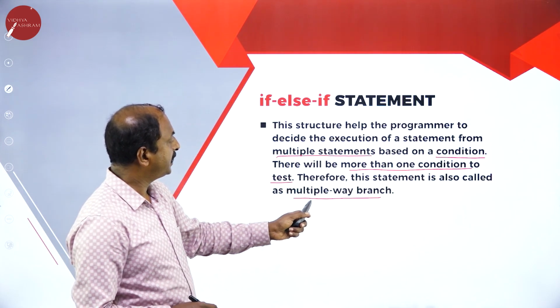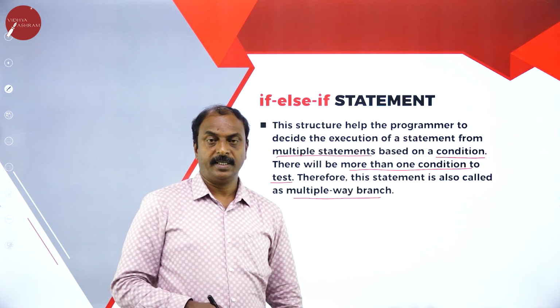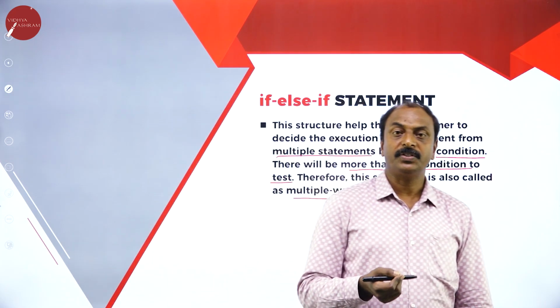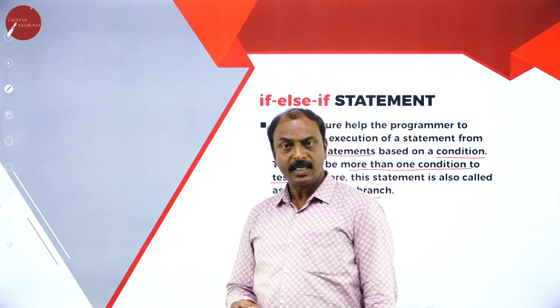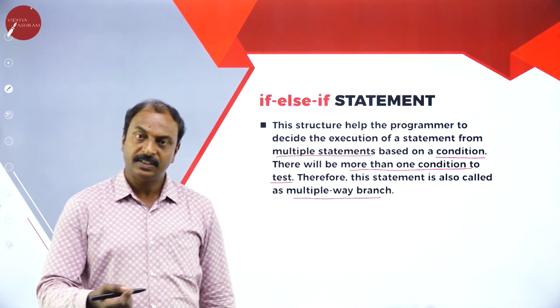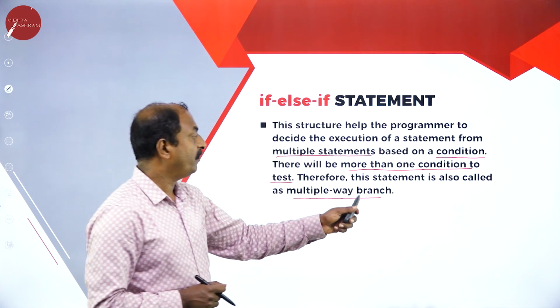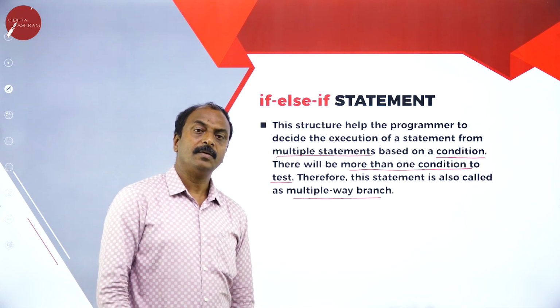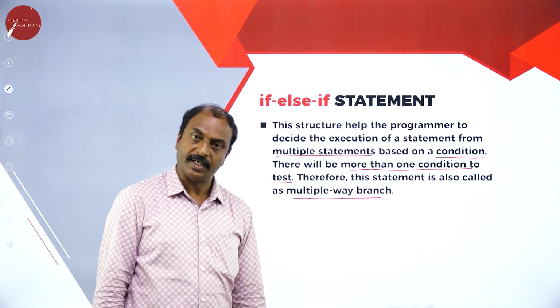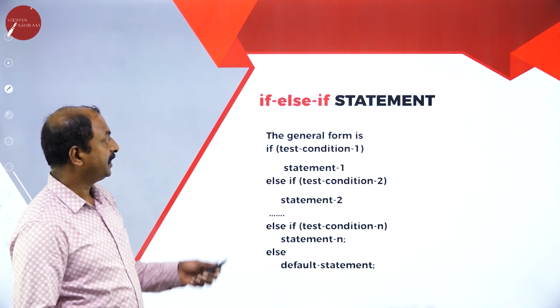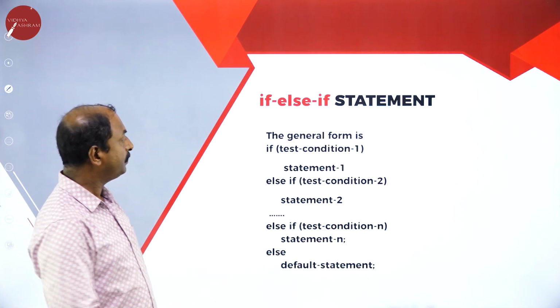So it is called multiple way branching. And if you remember, simple if is called one-way branching, if else is two-way branching, and if else if is called a multiple way branch statement or multiple way branch construct. Now let us see the syntax, or general form.